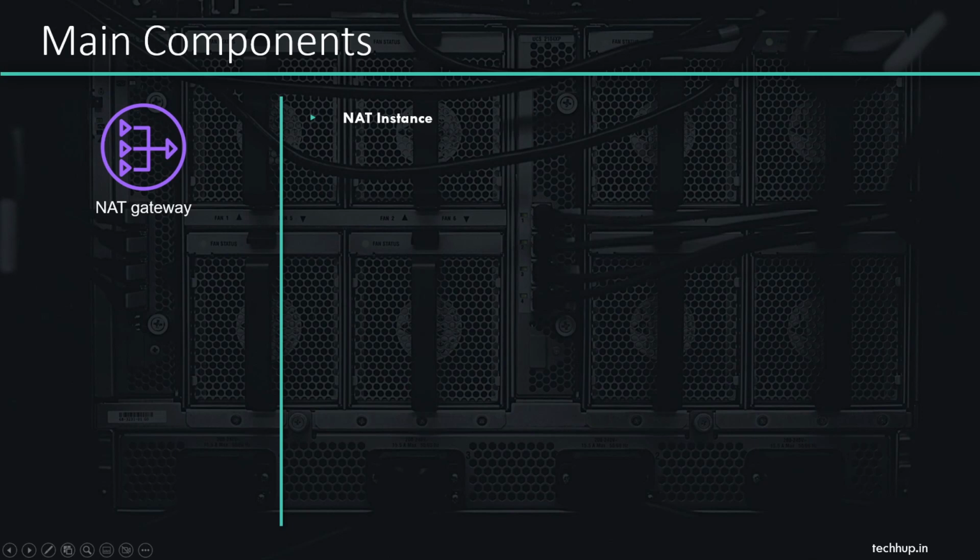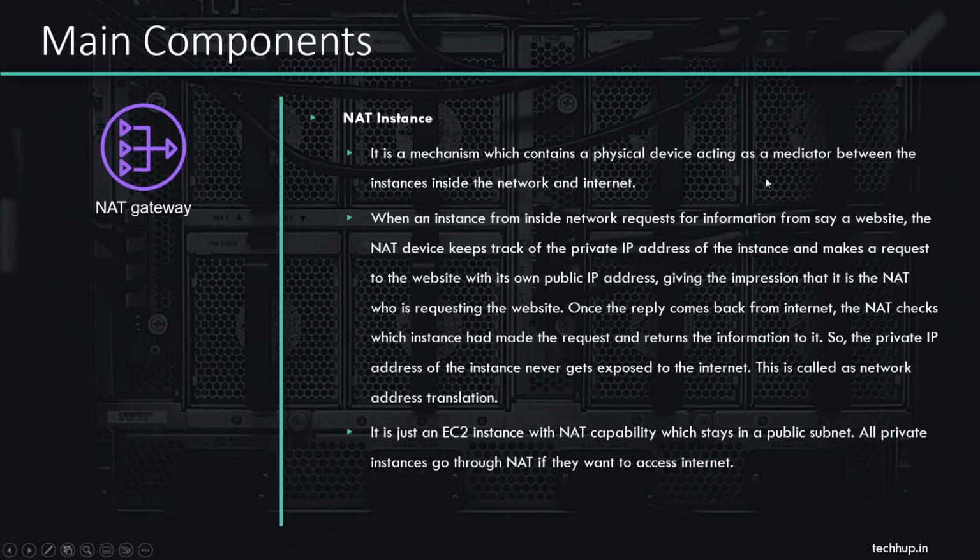The next set of networking components are NAT devices. They are of two types, NAT Instance and NAT Gateway. They both perform the same function, more or less, of network address translation, but the only difference is that NAT Gateway is a fully managed service where an end user doesn't need to take care of the scaling needs of these devices.